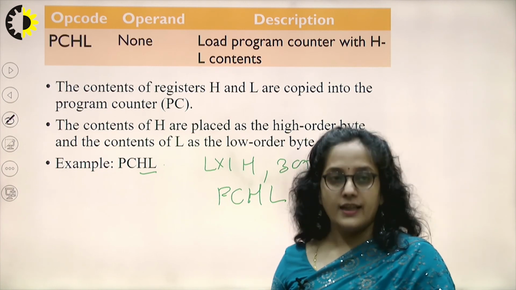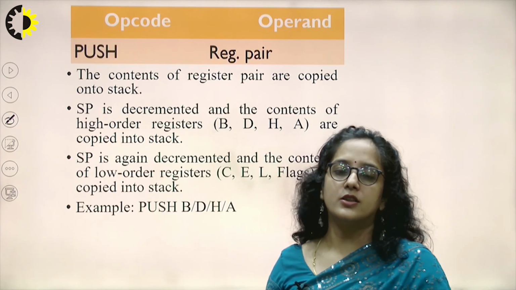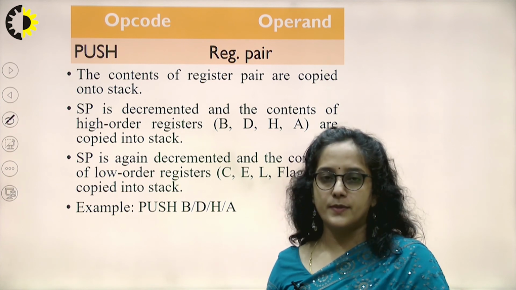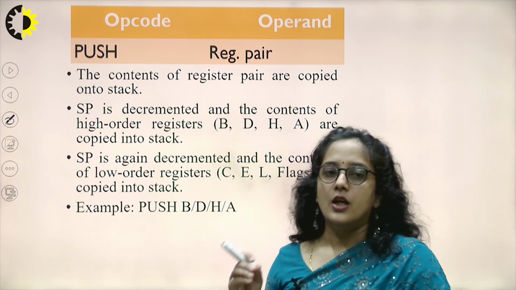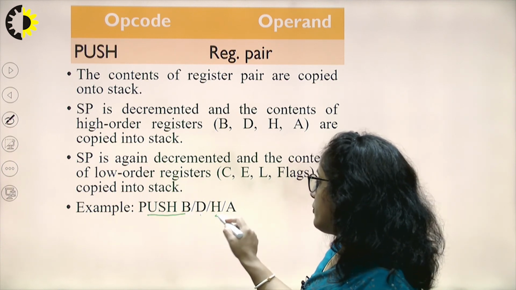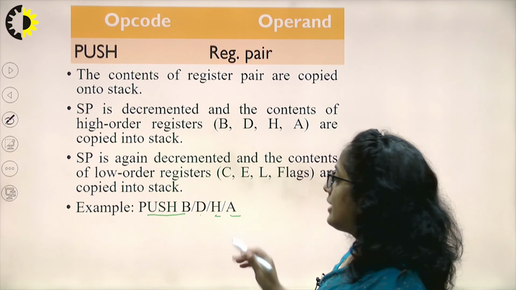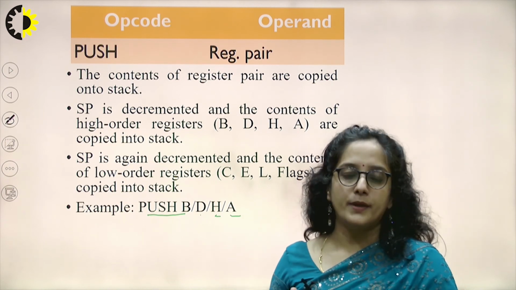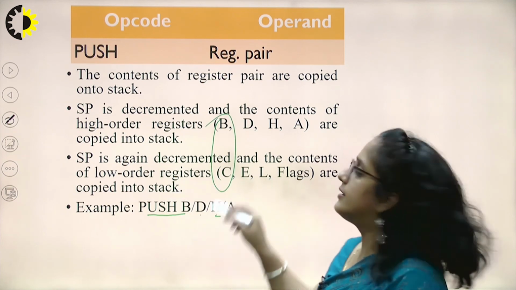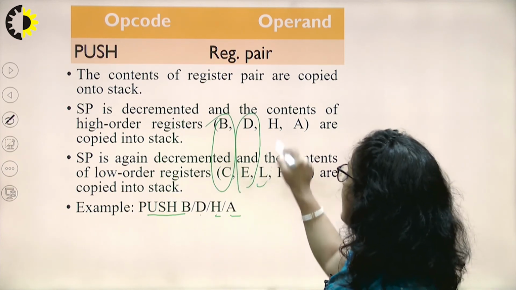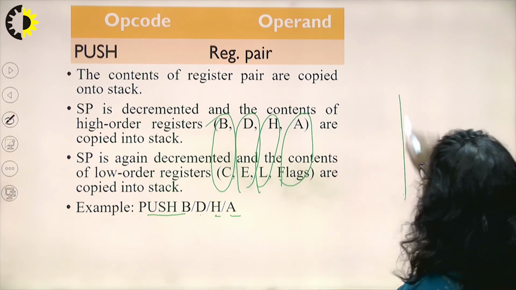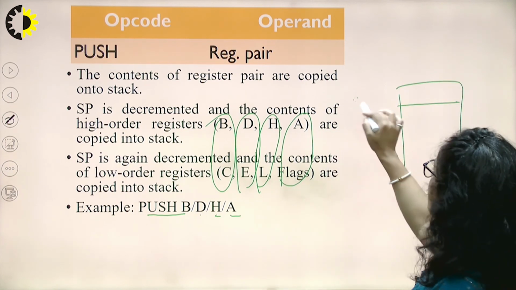Okay. Next instruction is PUSH. This instruction is used to store the content of a general purpose register to the stack. So here we can have PUSH B, PUSH D, PUSH H, or PUSH A. All these 4 instructions copy the content of the pair, that is the BC register, D register, HL register, or A and flag, onto the stack. The stack pointer is pointing to some particular memory location.